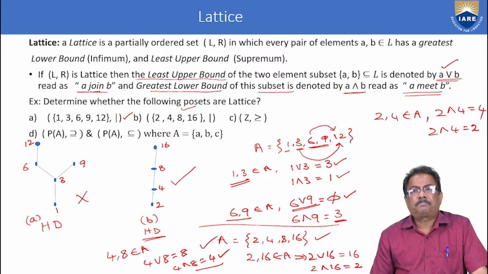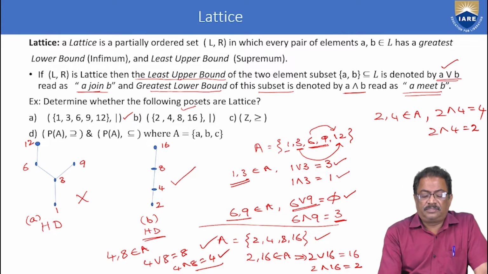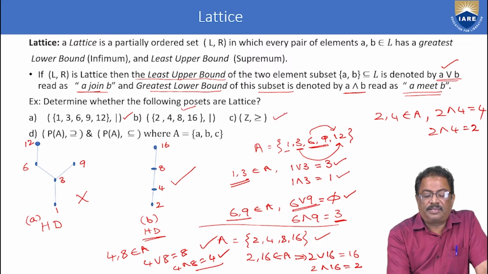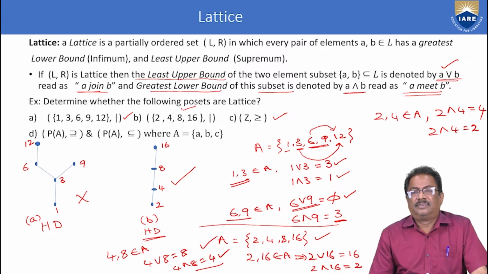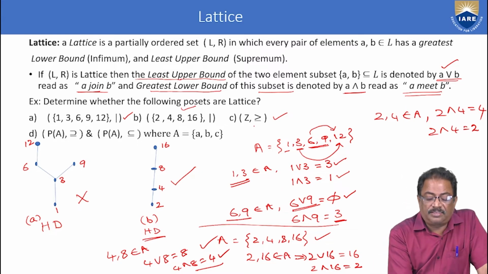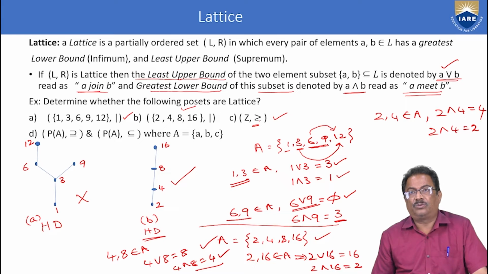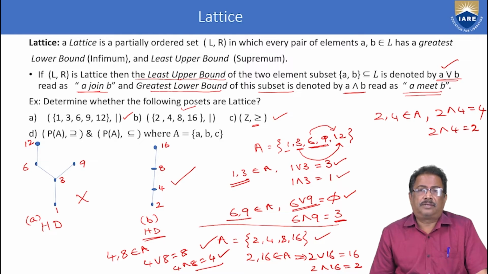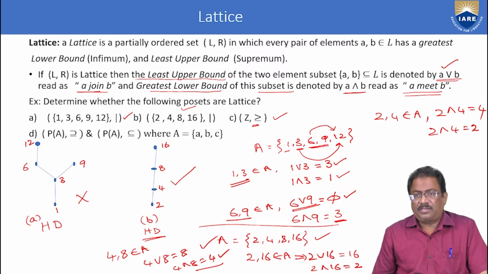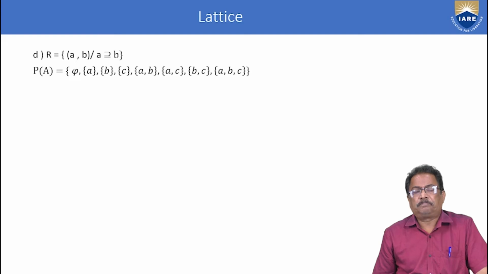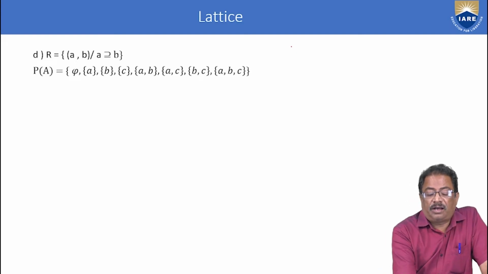Let us consider the third one. Z is the integer set and the relation is greater than or equal to. Now we have to verify whether this is a lattice or not. So for that, first of all, construct the Hasse diagram.